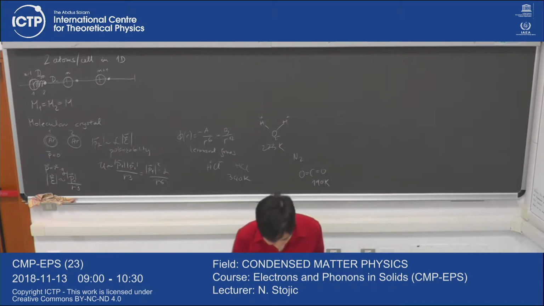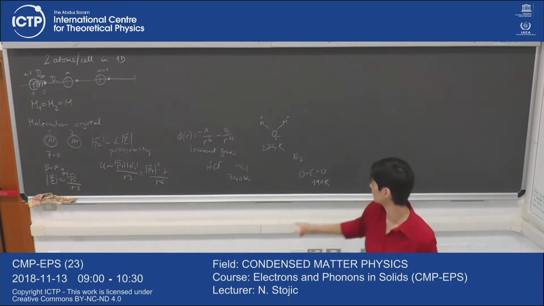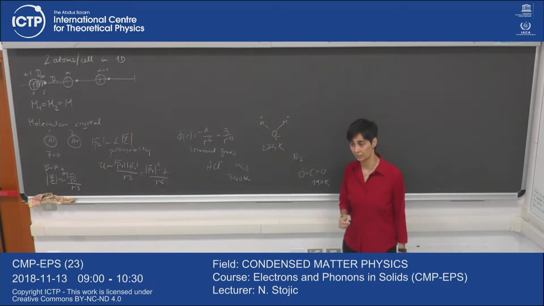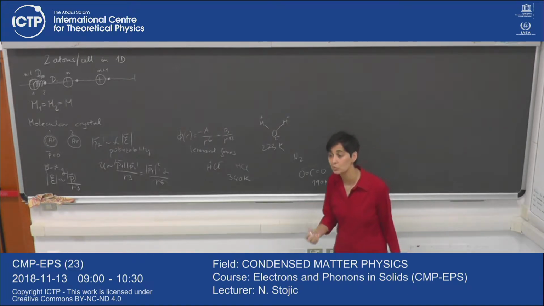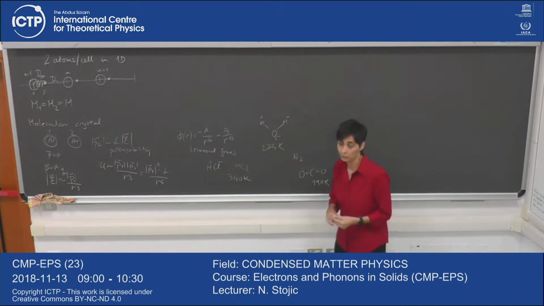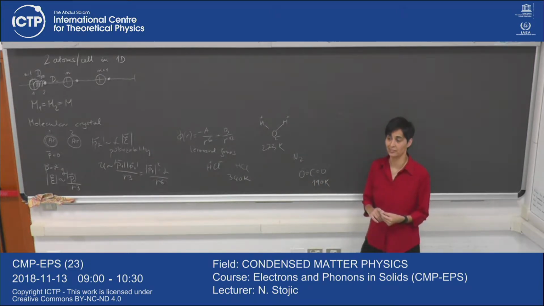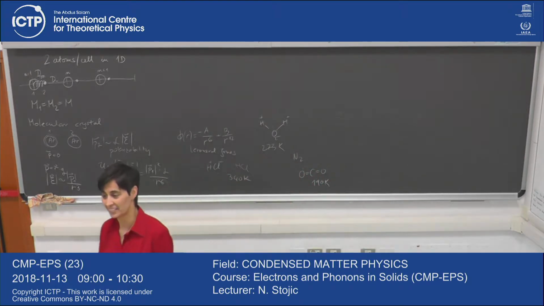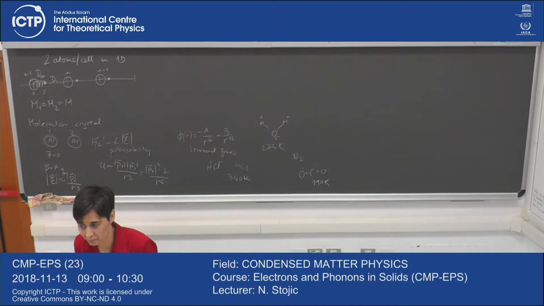I think N2 crystallizes around 70, 80 Kelvin. Very, very low temperature because it's very low binding energy. So by just looking at the chemical form of something, how do I know? Well, you can estimate if it has a dipolar moment or not, if it can create one or not. But there are some exceptions that you cannot easily analyze just by the formula. You have to know.